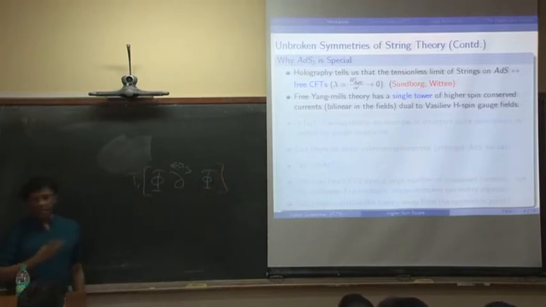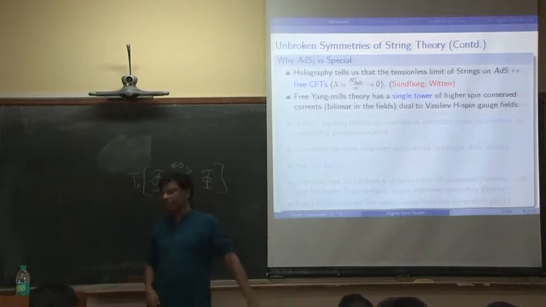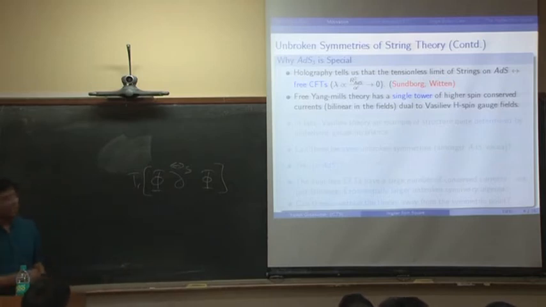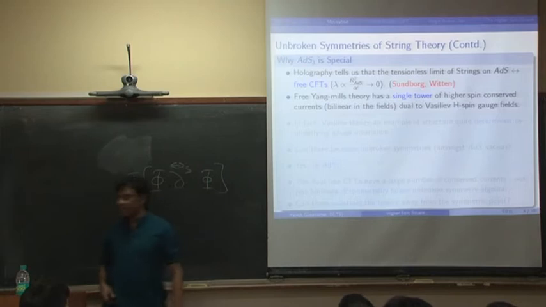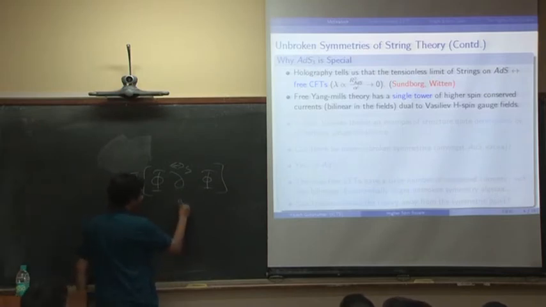something like this, with various powers of various derivatives acting on both sides. These currents are higher rank tensors, which are conserved at the free point, but not otherwise. At least for spin greater than 2, they are not otherwise conserved. And the AdS/CFT dictionary tells you that these are dual to some rank-s gauge field.